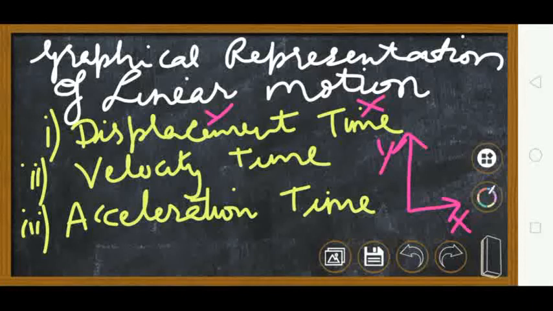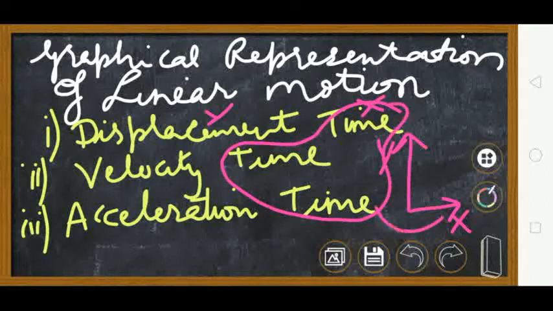For the acceleration time graph, you take acceleration on the y axis and time on the x axis. That means time is always taken on the x axis, whereas displacement, velocity and acceleration are taken on the y axis. We plot the points and draw the graph by joining these points. So let us study one by one all of these.